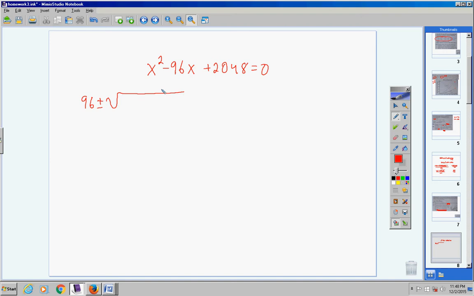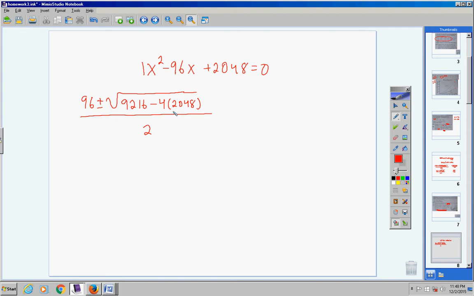B is 96, so 96 squared is 9,216, minus 4ac. A is 1. 1 times 2048 is 2048, all over 2a. 2 times 1 is 2.